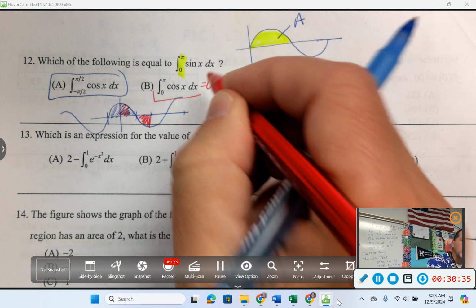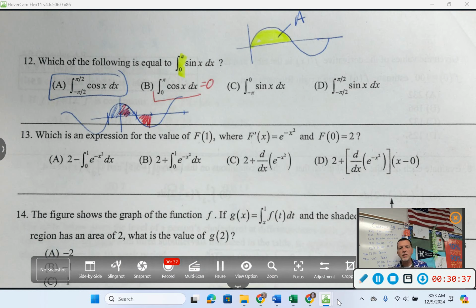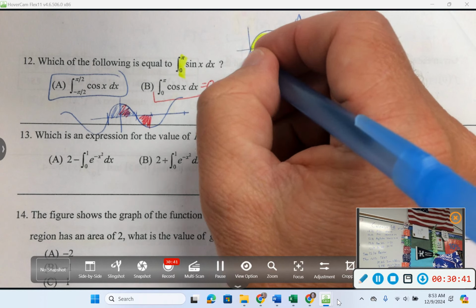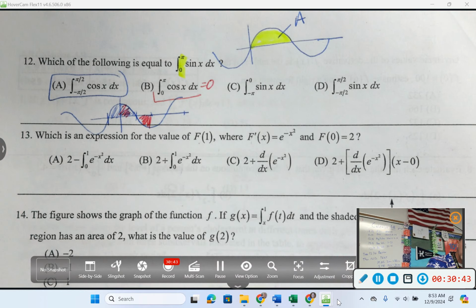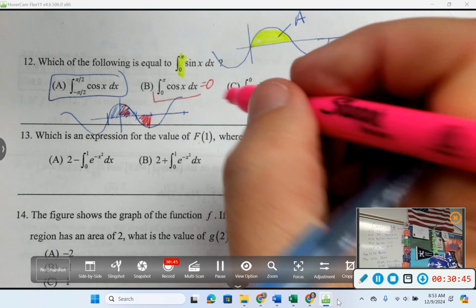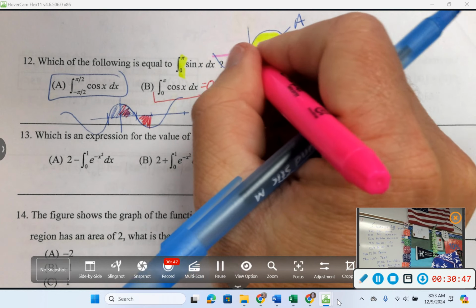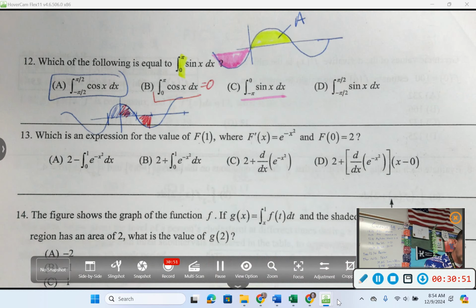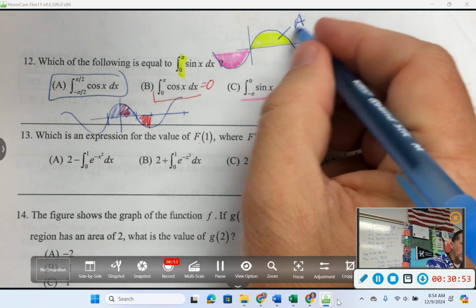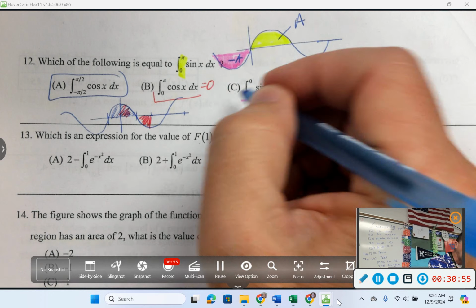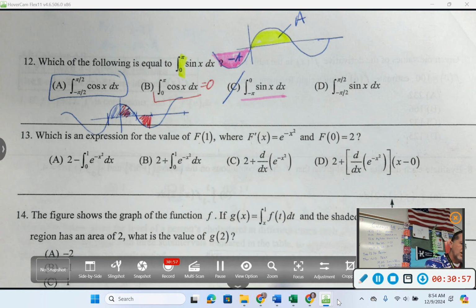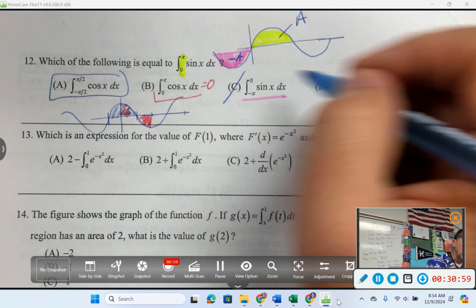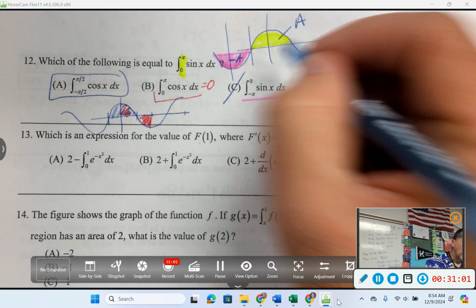That should be 0, because I bet those are the symmetry of that thing. Negative pi to 0, that's the same shape. What's wrong with answer C? That would be negative. So whatever that area is, this would be negative area. So that guy's out. And negative pi over 2 to pi over 2, that would be from there to there, that would be 0.